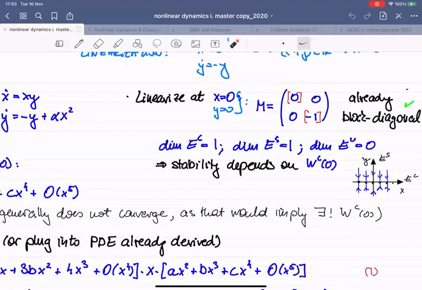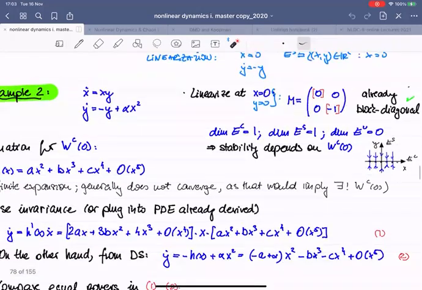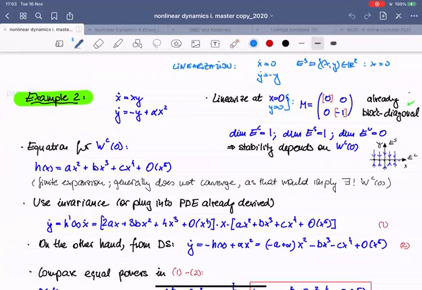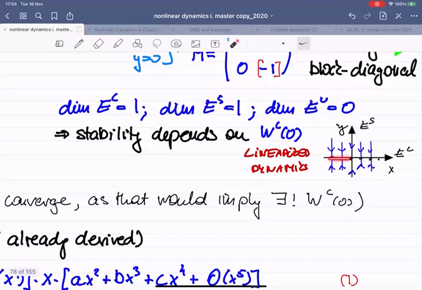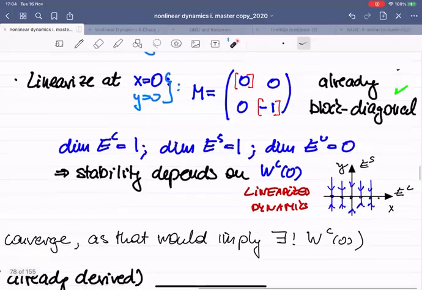Okay, so what the linear dynamics does is this. You have a center direction corresponding to a 0 eigenvalue for the linear system. So this is here the linearized dynamics. I have no motion in this direction, a bunch of fixed points.